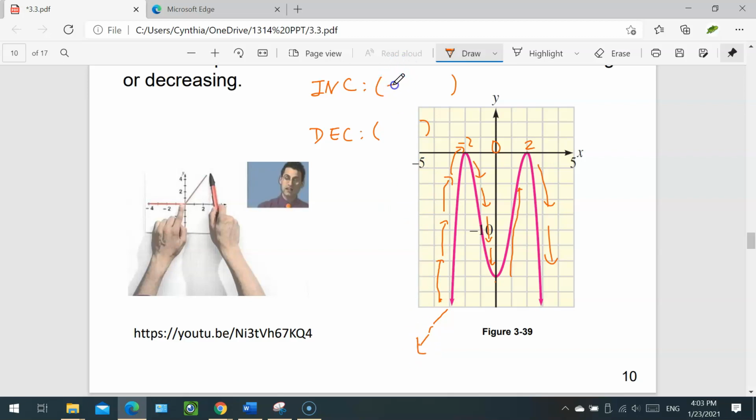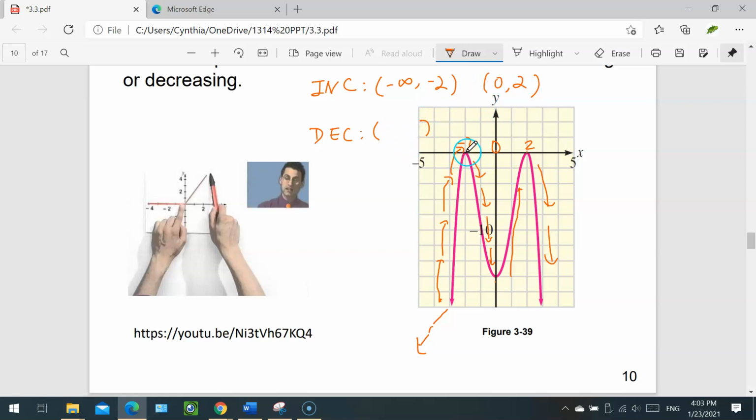So the increasing interval is from -infinity up to -2. And then another increasing interval is from 0 up to 2. So use another one, 0, 2. So these will be the increasing intervals.